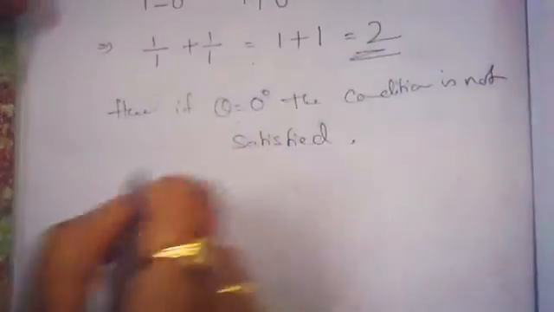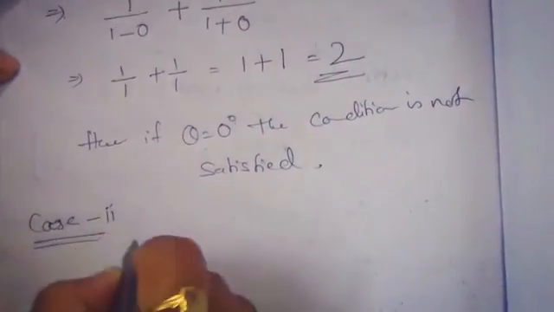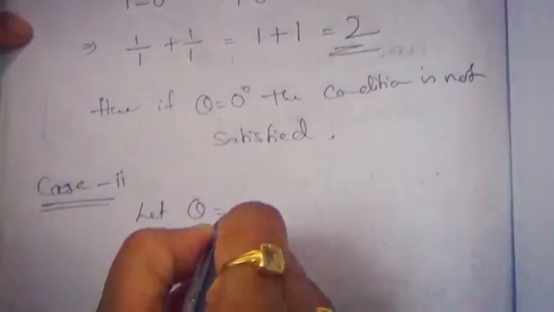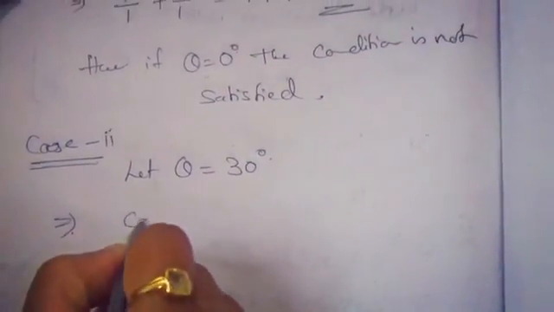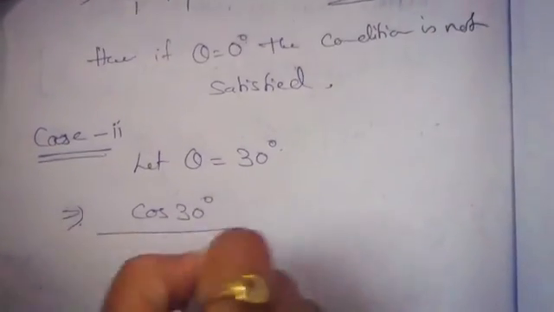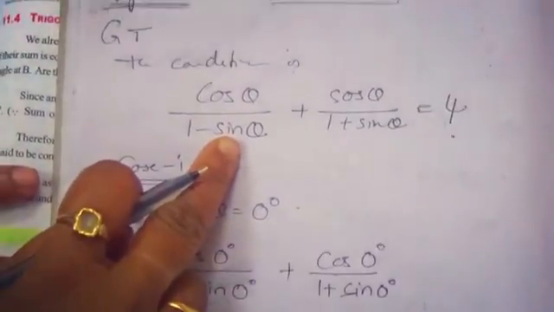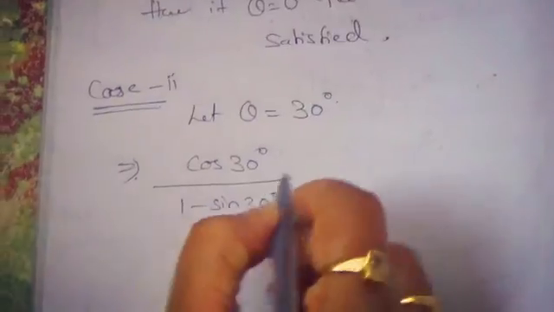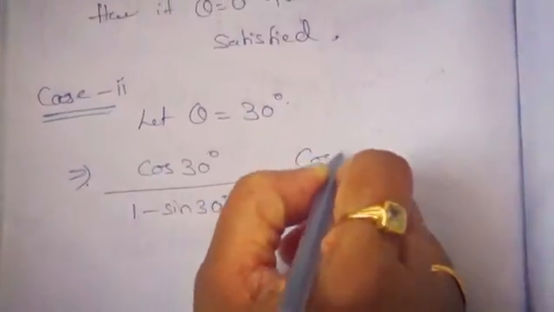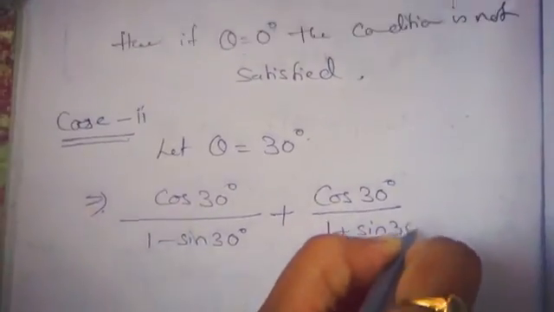Hence I want to take case 2. Here I take theta as 30 degrees. That implies cos 30 degrees by (1 minus sin 30 degrees) plus cos 30 degrees by (1 plus sin 30 degrees).